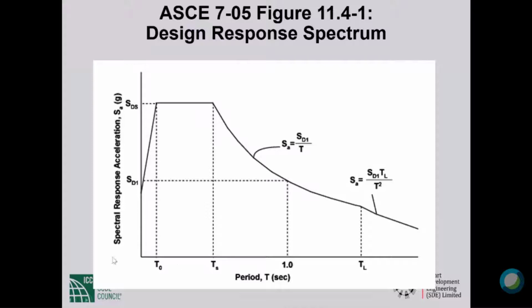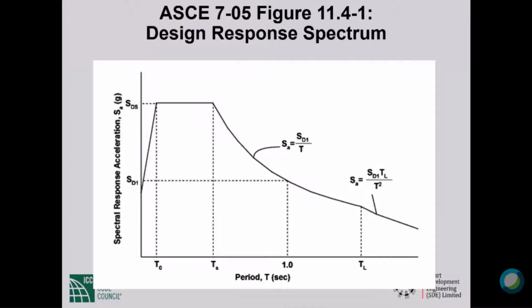I say the y-axis gives you the seismic design force. You look at the picture, you see spectral response acceleration S sub A. That is because the two are related. The design base shear V is the spectral acceleration times mass, or spectral acceleration divided by g, the acceleration due to gravity, multiplied by the weight of the structure.